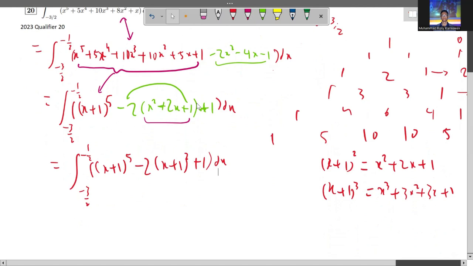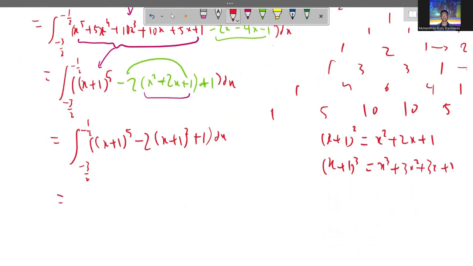And this is much easier to work with. This is just a bunch of hidden u substitutions, but they're quite simple, so I'm just going to skip over it. So this is 1/6 times x plus 1 to the power of 6 minus 2/3 times x plus 1 to the power of 3 plus x, where the integration goes from negative 3 over 2 to negative 1 over 2.